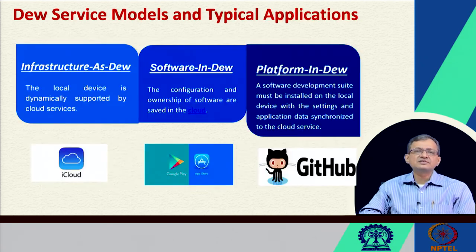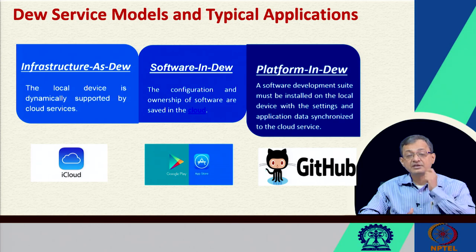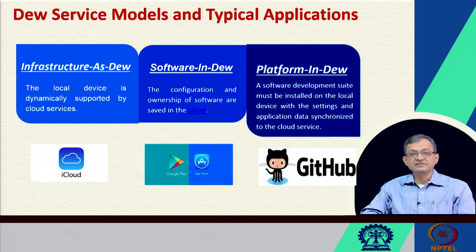So, there are several models and some typical applications. One is infrastructure as dew, where the local device is dynamically supported by cloud services like iCloud, which is infrastructure as a dew, sometimes known as IAD.